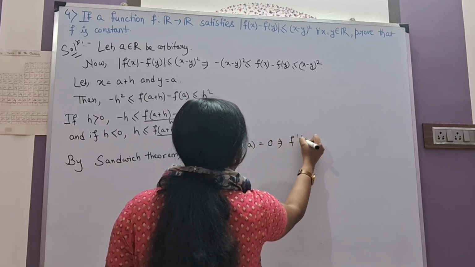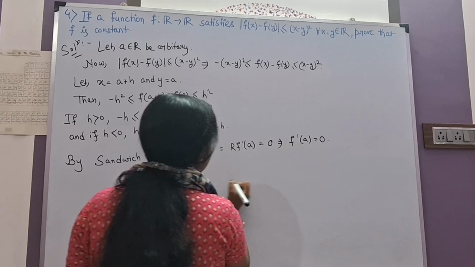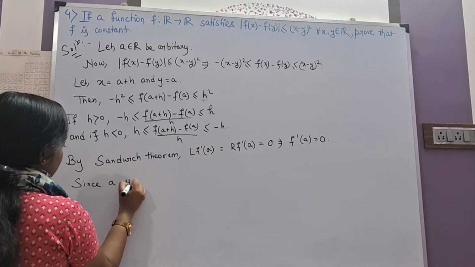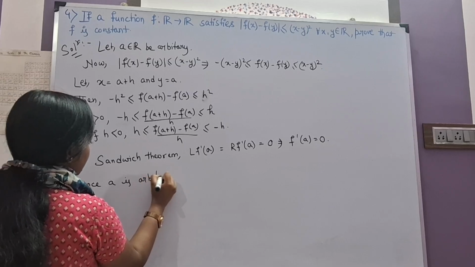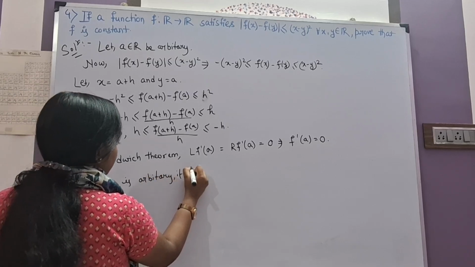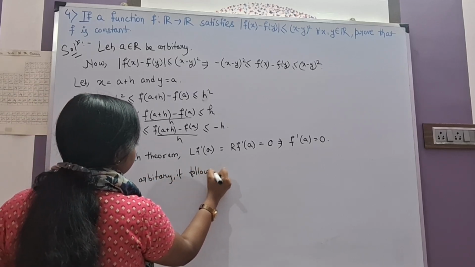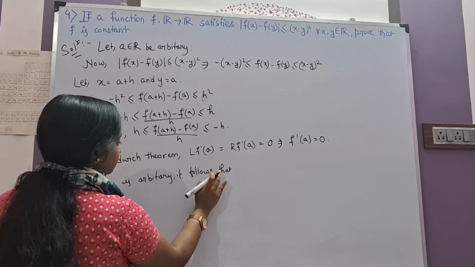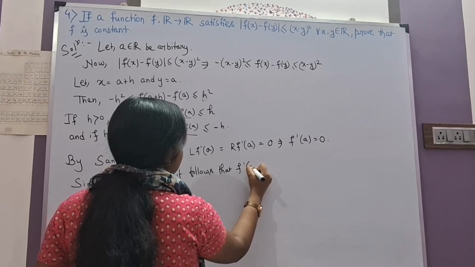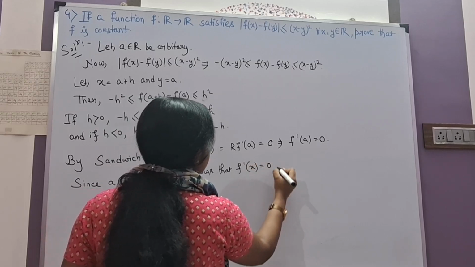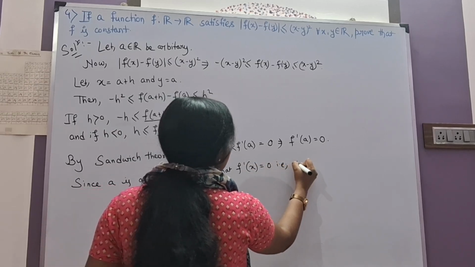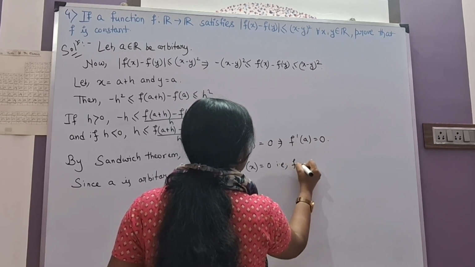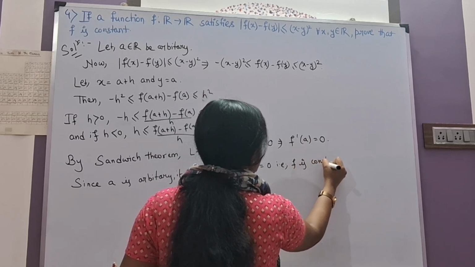This implies f dash of a equal to 0. Since a is arbitrary, it follows that f dash of x equal to 0. That is, f is constant.